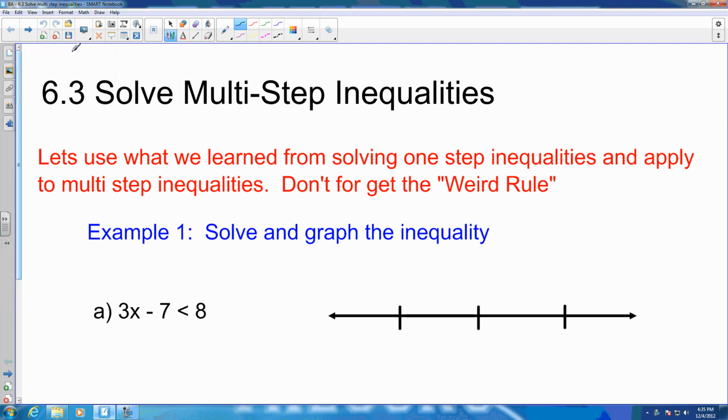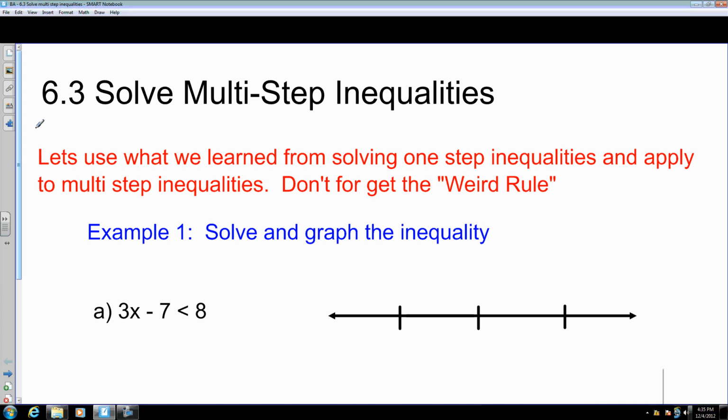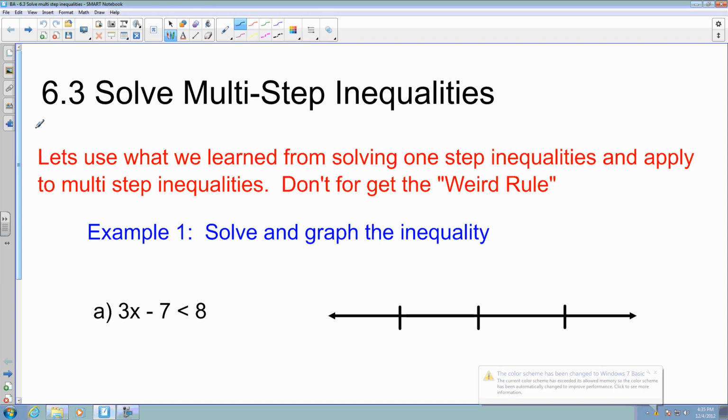Alrighty. So this lesson is 6.3, which we are solving multi-step inequalities. The last day or so, we were able to solve inequalities by using addition and subtraction, and also by multiplication and division.